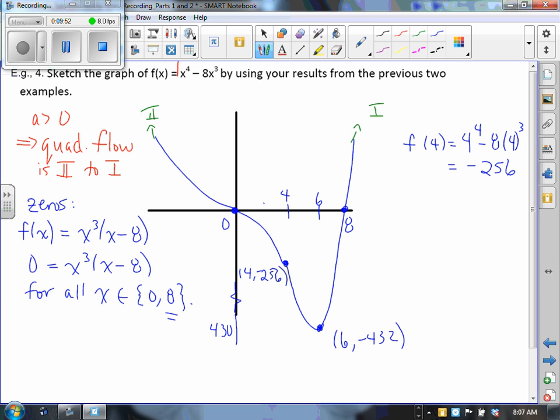Now, to be a little more specific, we could try to figure out a particular coordinate over here to allow us to be more specific in our sketch. So there you have it, both second derivative tests, first derivative tests, trying to figure out inflection points as well as where local maxes and mins occur. All of these put together, with a few more tools we'll develop over the next couple of days, will help us to more accurately sketch a variety of different functions.